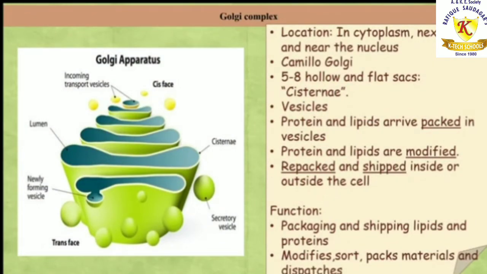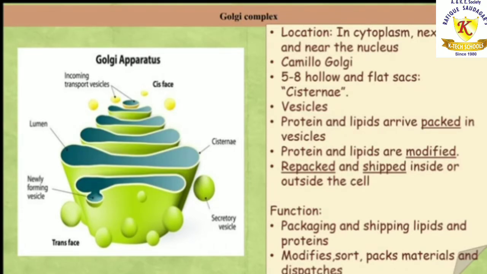The next is Golgi Complex. Now look at this picture, children. It is made up of 5 to 8 hollow and flat sacs placed parallel to each other. These sacs are called cisternae, as you can see in this picture, and they are filled with different enzymes.